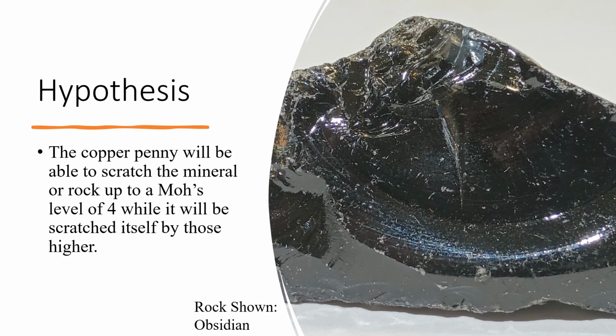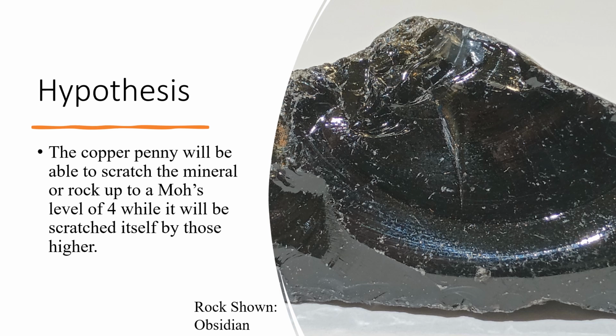My hypothesis, right? So I'm going to be using a copper penny to attempt to scratch these minerals and rocks. And I'm trying to see what happens if you take something and scratch a varying set of hardnesses. So I'm using one hardness level and seeing how other hardness levels will react.